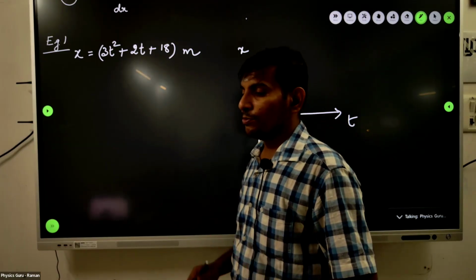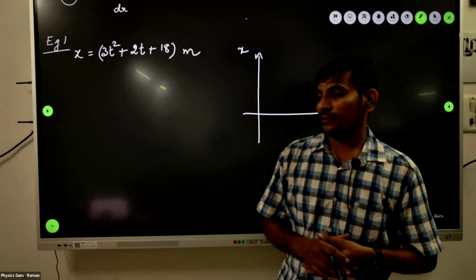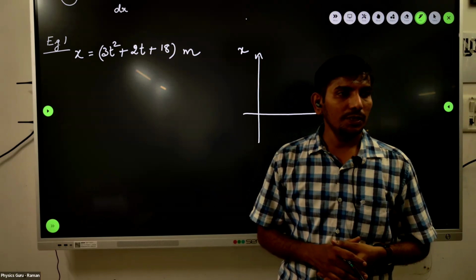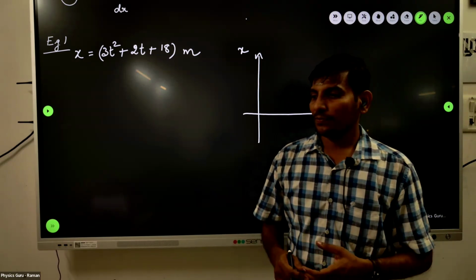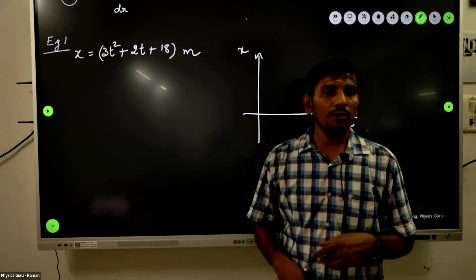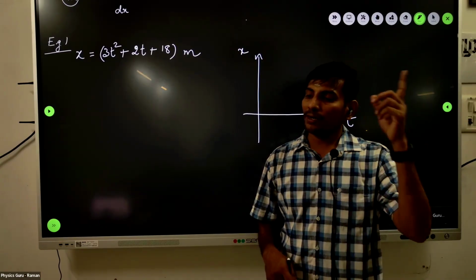If I ask you to find the intercept, நீங்க எங்க சார் வரைவீங்க இப்போ? Intercept value என்னன்னு சொல்லுங்க பாப்போம். Intercept நம்ம எப்ப calculate பண்ணுவோம்? Let's go back and recall.